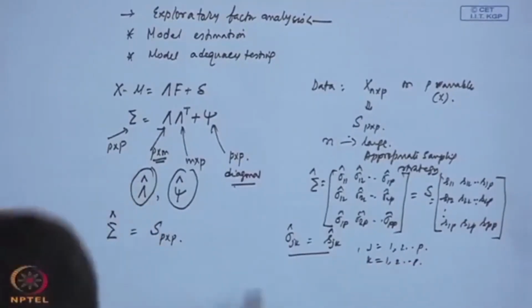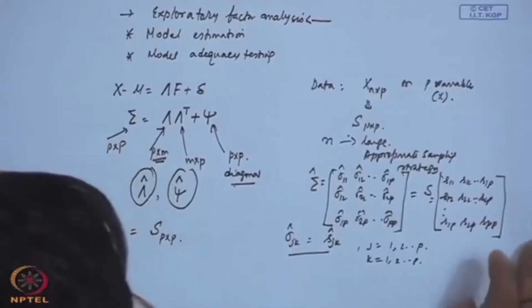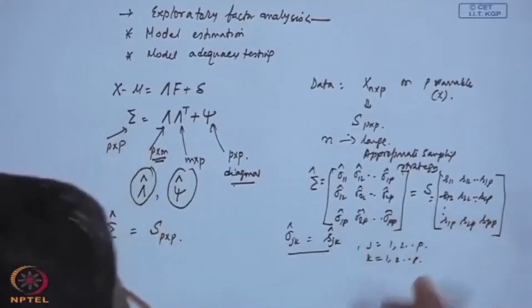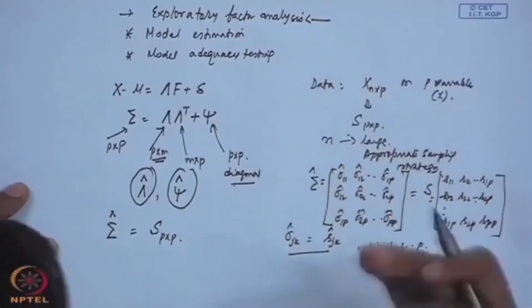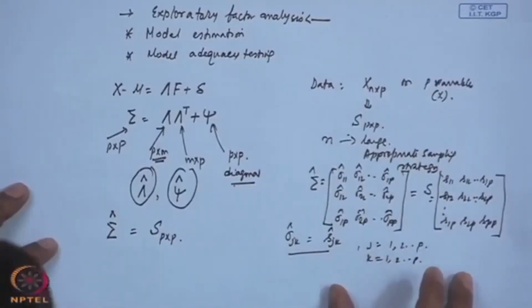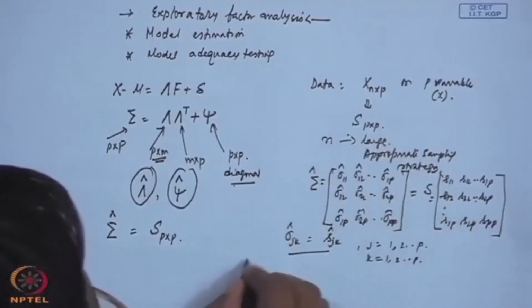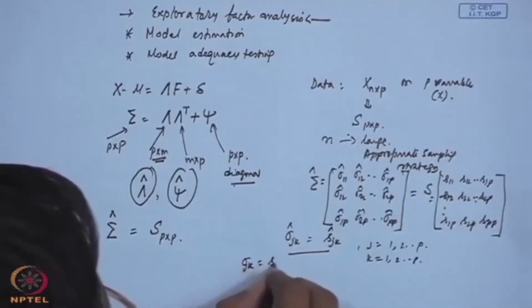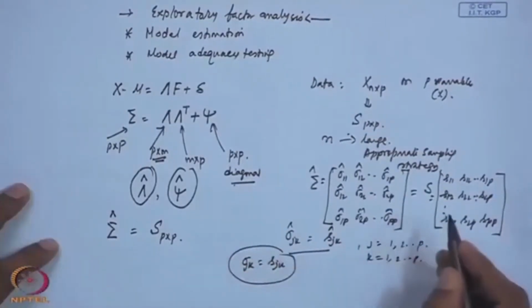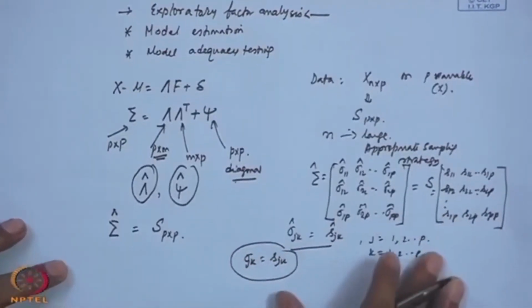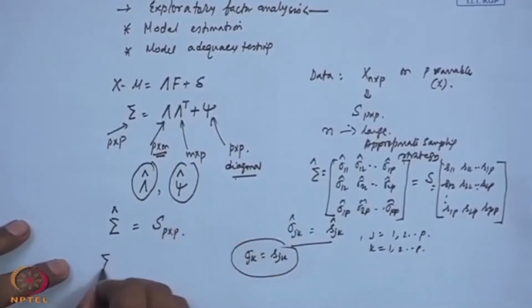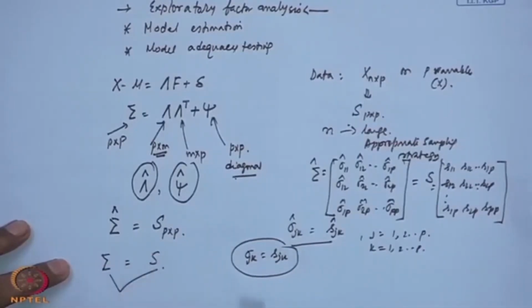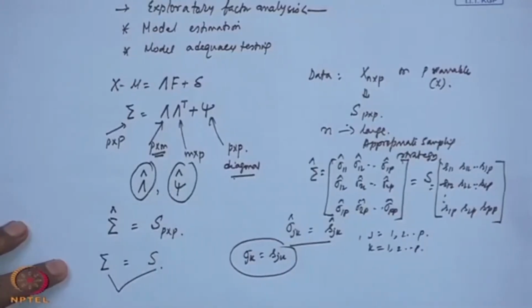Now we can assume that under good estimation, if our sampling size is appropriate, adequate, and we are able to capture properly the behavior, covariance structure, then sigma jk equals sjk. That means each element in capital sigma and S will be very close.